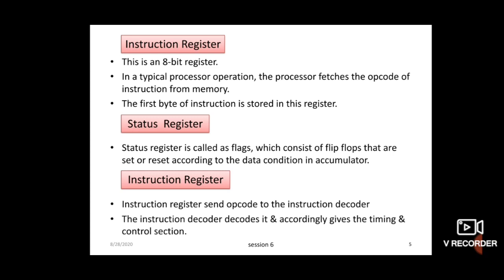The instruction decoder decodes it and accordingly gives the timing and control signals. Always remember, when an 8085 microprocessor program is executed, the first step is fetch, the second step is decode, and the third step is execute.